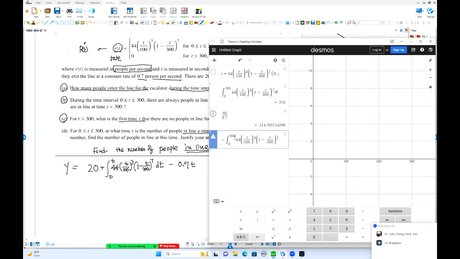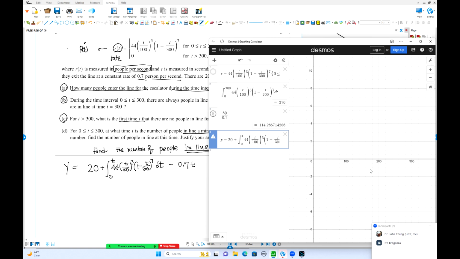This is time t, and this is important. We're going to find the time t where the value is minimum.